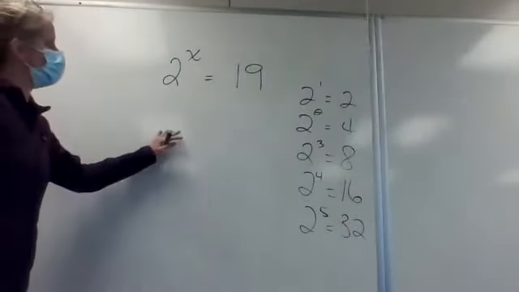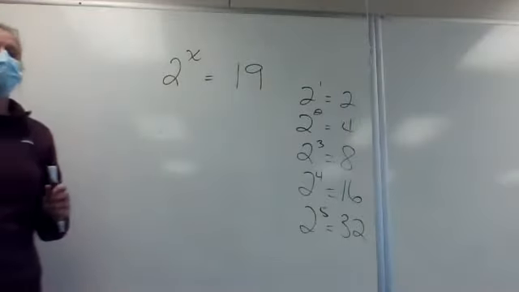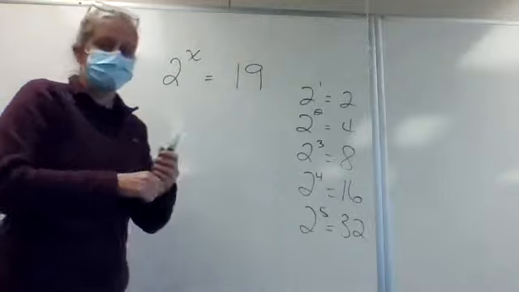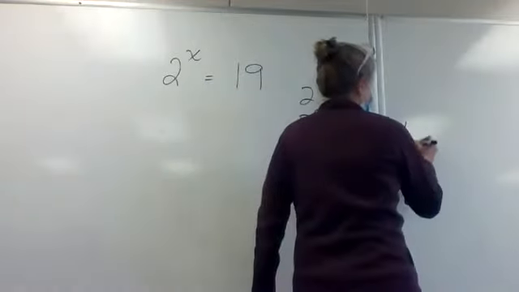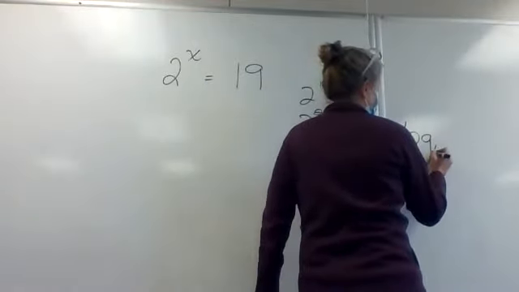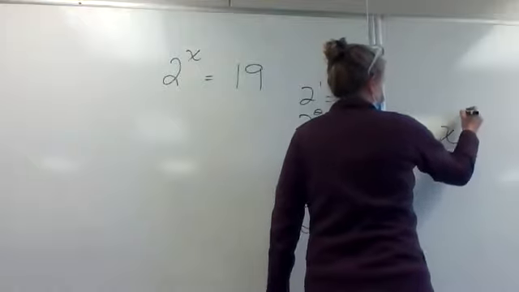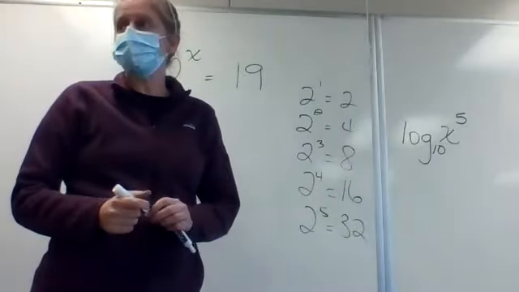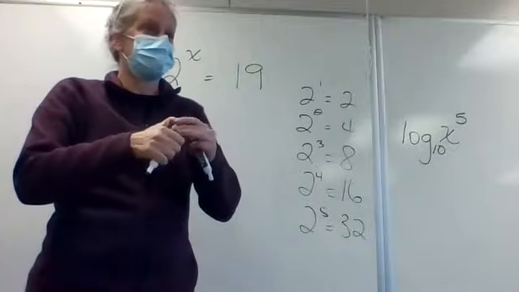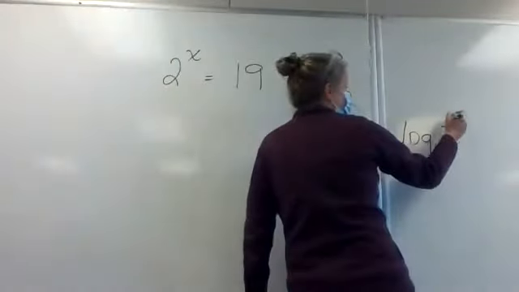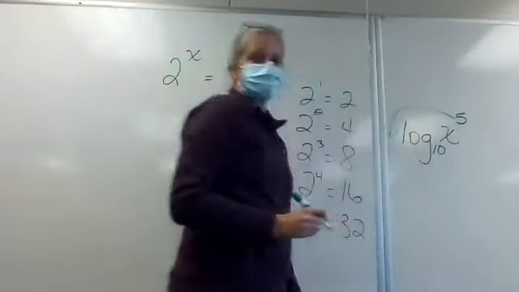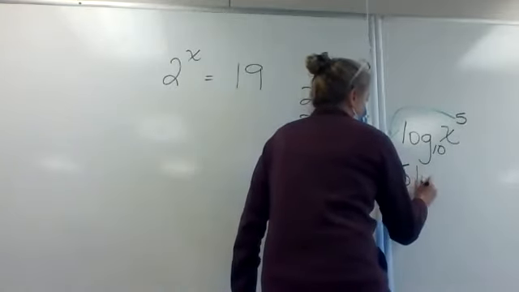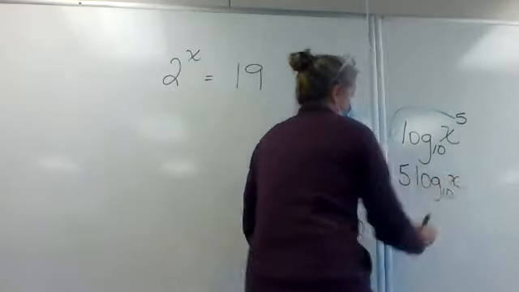Now, remember in our last section when we did all those properties of logarithms. Remember the property that if your logarithm has an exponent, you can rewrite it by bringing the exponent down here. So this can be rewritten as 5 times log base 10 of x.